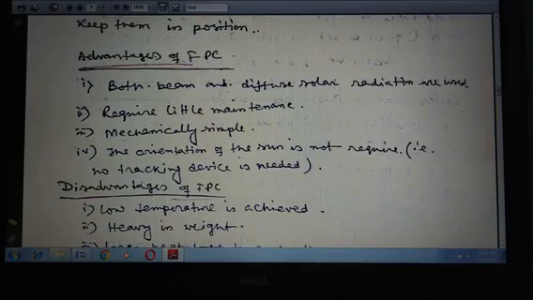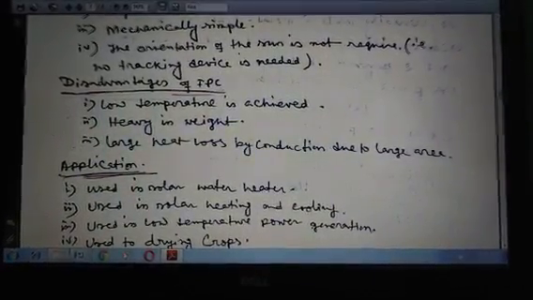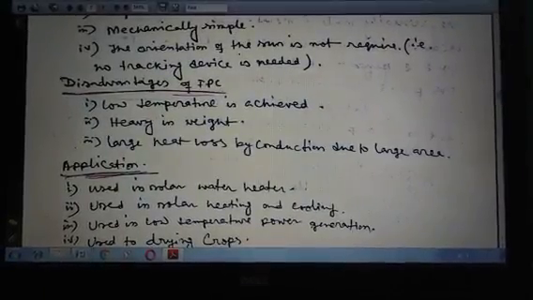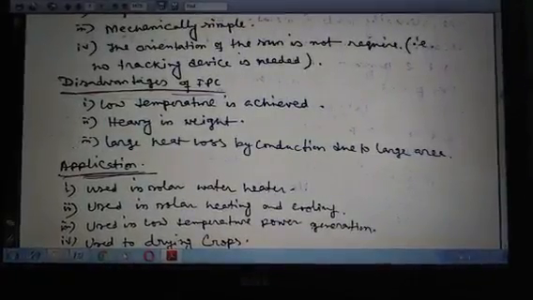Now the disadvantages of flat plate collectors. Low temperature is achieved. Next disadvantage, heavy in weight. Next disadvantage, large heat loss by conduction due to the large area.